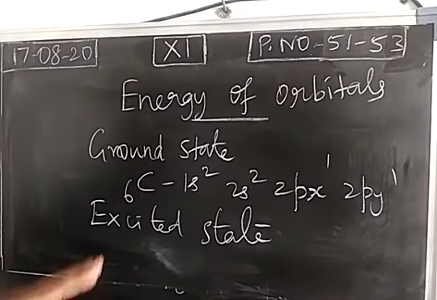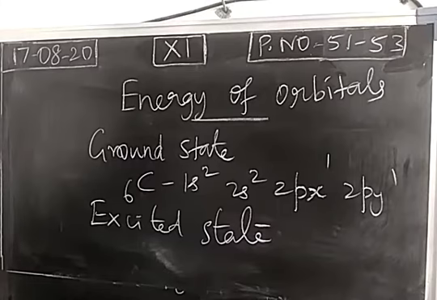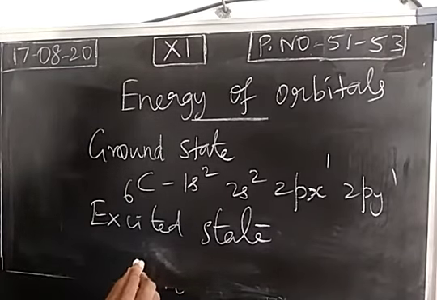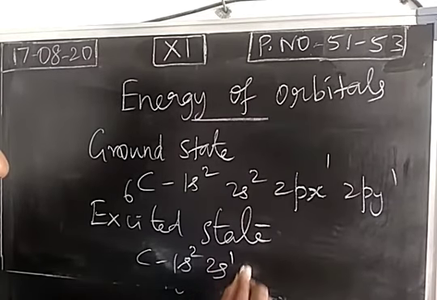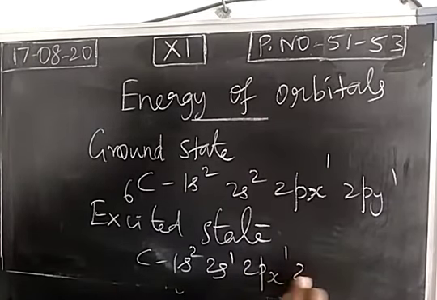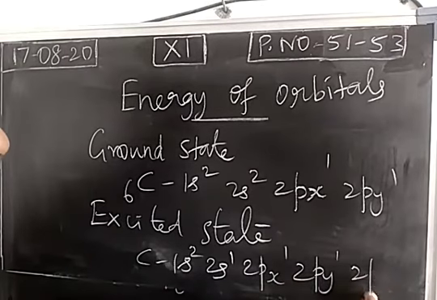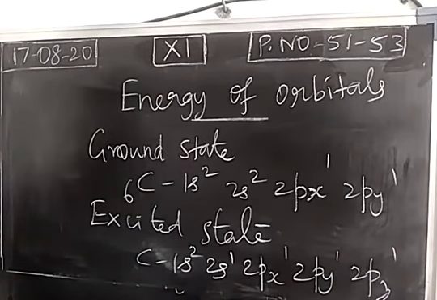If other atoms are approaching the carbon to make a covalent bond or any other bonds, an electron will jump from one orbital into another orbital. For example, 1s2, 2s1, 2px1, 2py1, 2pz1. When other atoms are approaching the carbon, one electron is jumped from 2s orbital into 2pz orbital.